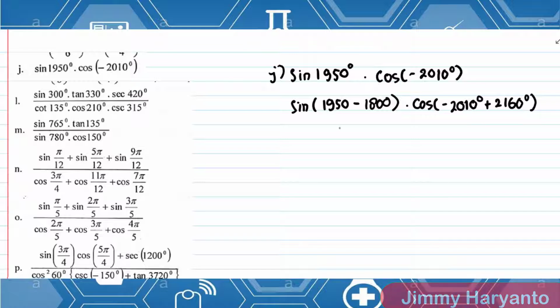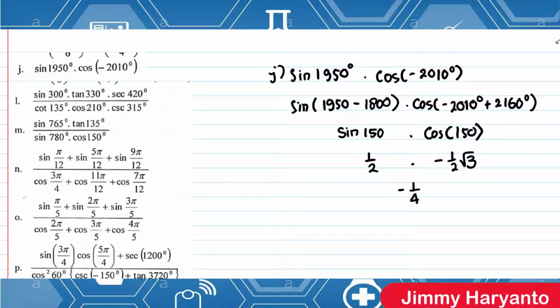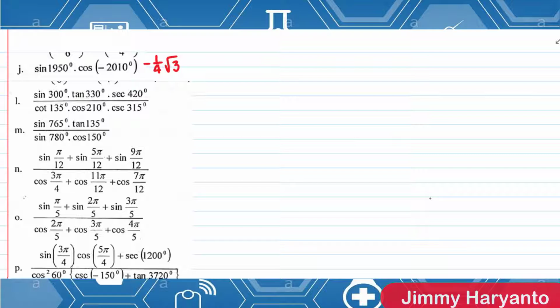Okay, so for this one minus, it will be sine 150, and for this one cos in the bracket 150. Okay, so sine 150 is half. For this one cos 150 is negative half square root of 3, so the result is negative 1/4 square root of 3.